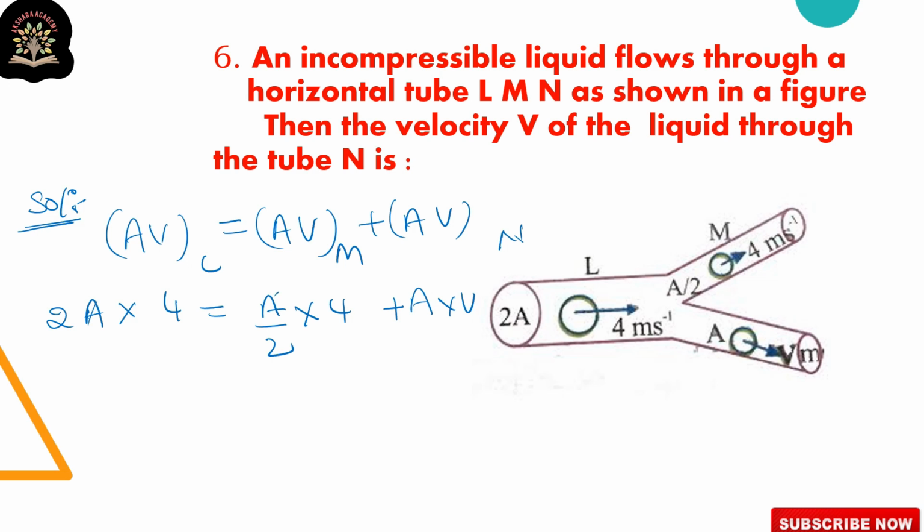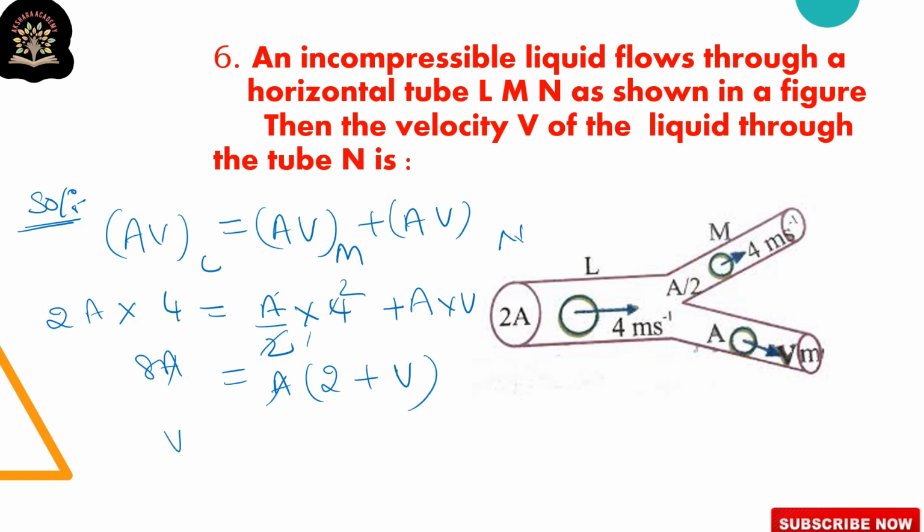Now taking 2A into 4, 8A equals, taking A as common here, 2 plus v. A gets cancelled.